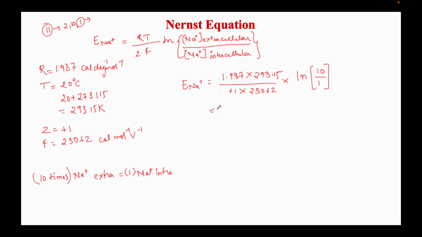Let's solve. This is equal to approximately 584 upon 23062 into natural log of 10. We all know what natural log of 10 is. So this division is 0.0253 into 2.303.